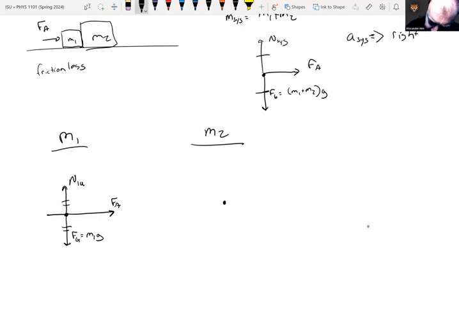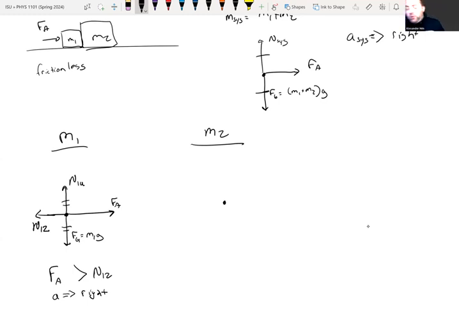This would be normal on 1 from 2. In this case, there are two normals because there are two surfaces that M1 is contacting. That is allowed. Now we must know that FA is greater than normal from 1 on 2, because then you still have an acceleration to the right. As long as that's true, we're good to go.